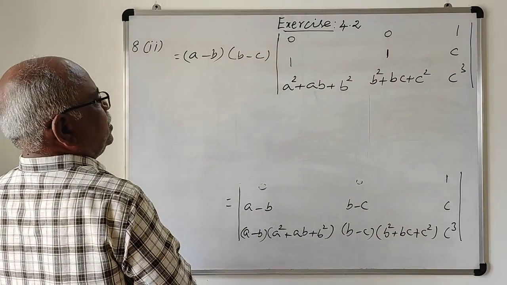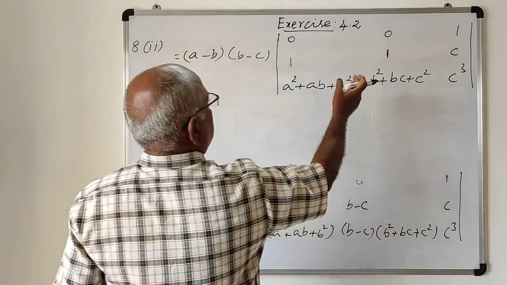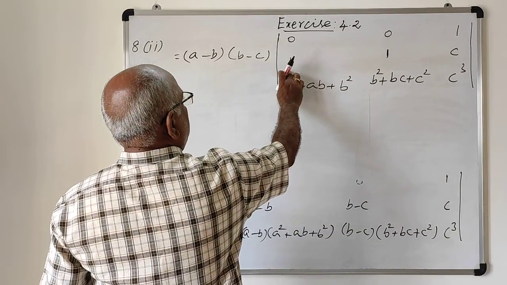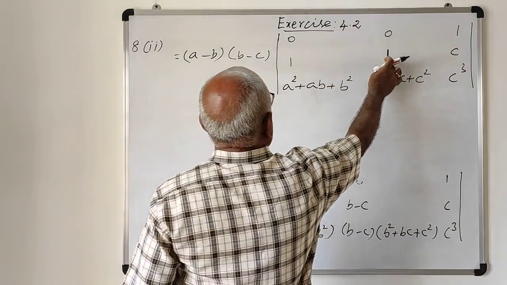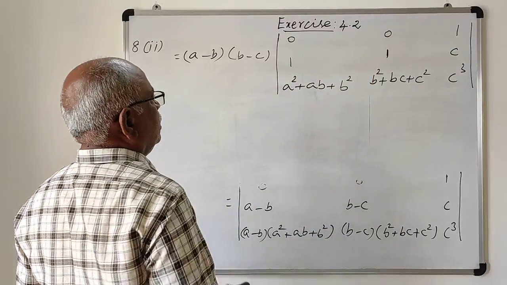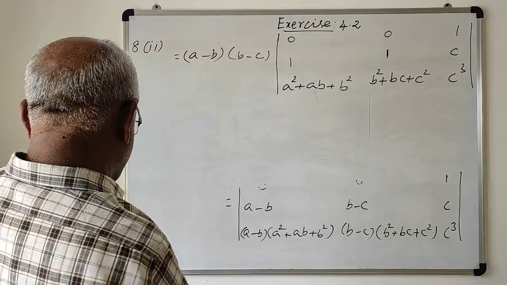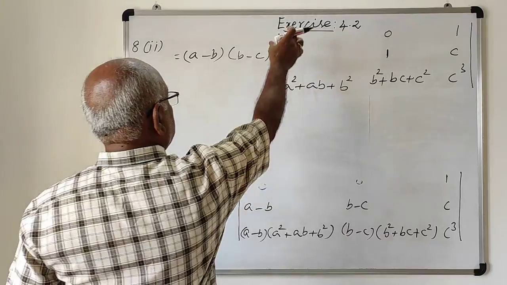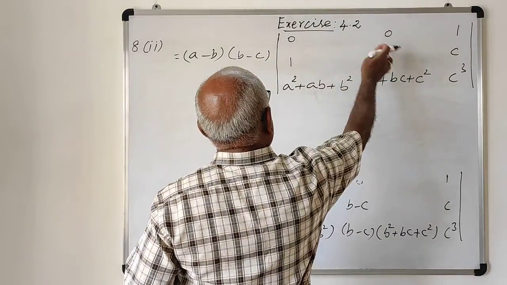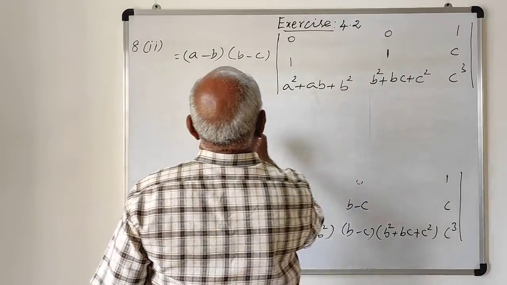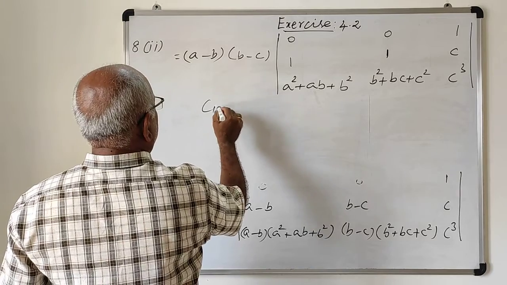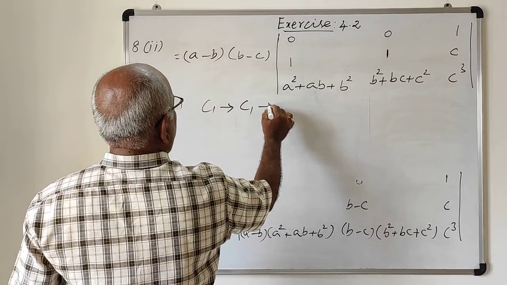Now, in this step, I am subtracting C1 minus C2, and then you will get 0 here, 1 minus 1, 0. Next step, C1 is C1 minus C2.